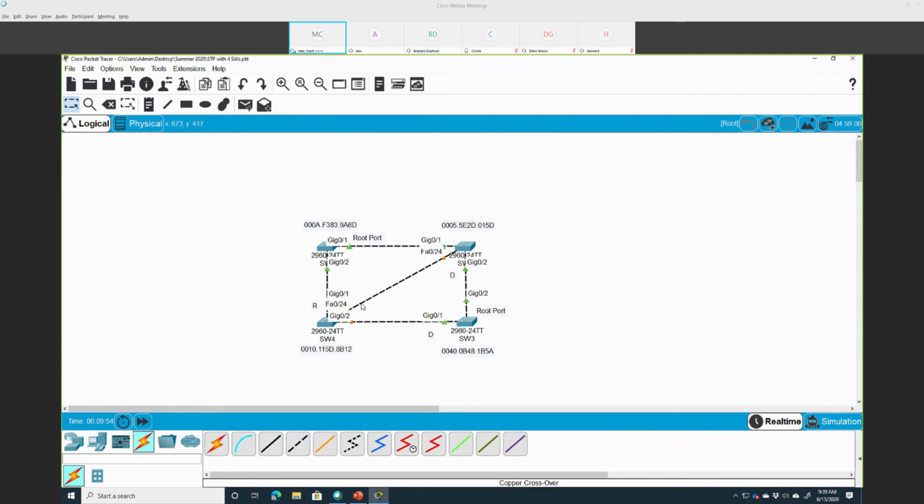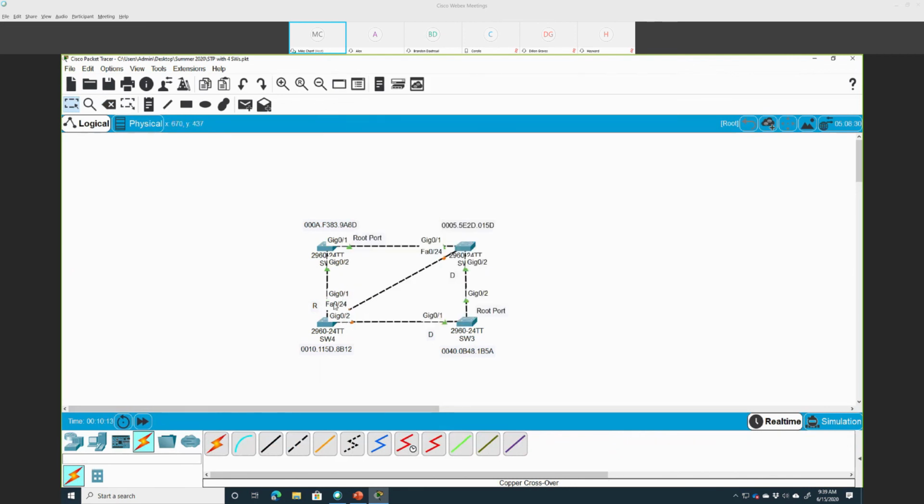Okay, this is fast Ethernet. This is not going to change the fact that this switch here is going to be the root bridge. Correct. Okay. So now I need to make a decision on this SW2.